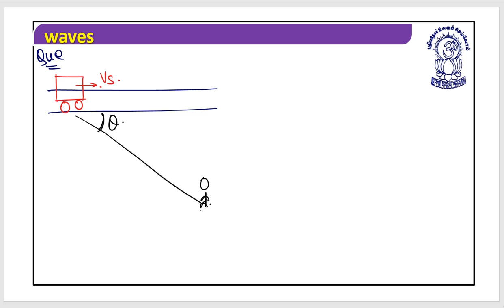This is the angle theta, and the observer is at rest. If at this instant this car is producing a horn having a frequency of f naught, what will be the frequency f dash that is heard by the observer, who is at rest?